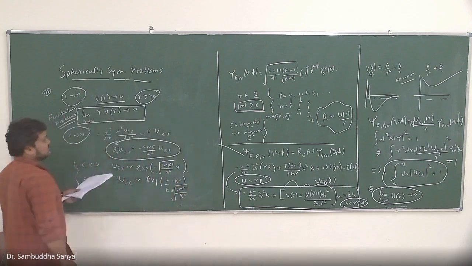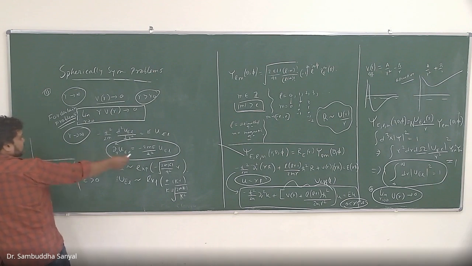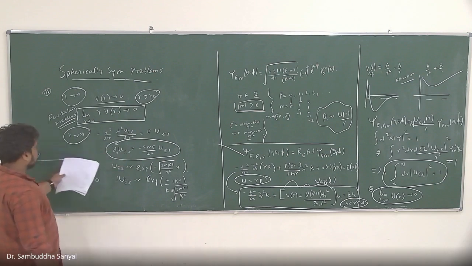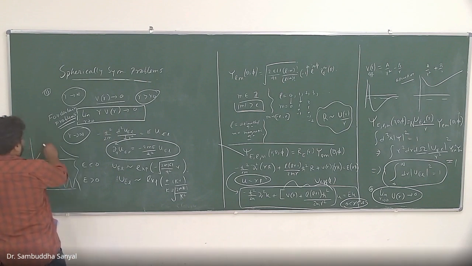If I sketch this solution without solving, I know it is going to look like this. I claim that this will go to 0 at the origin, so this will be the form, and at infinity this is the asymptotic solution. In one case it decays, and in the other case it is oscillatory. Somehow you have to stitch the solution in the middle.